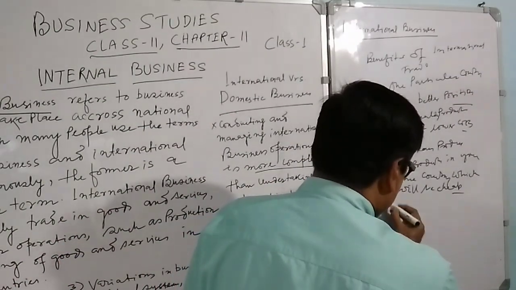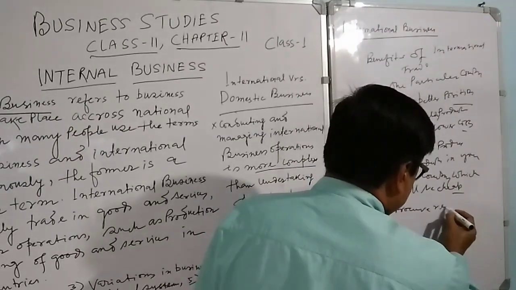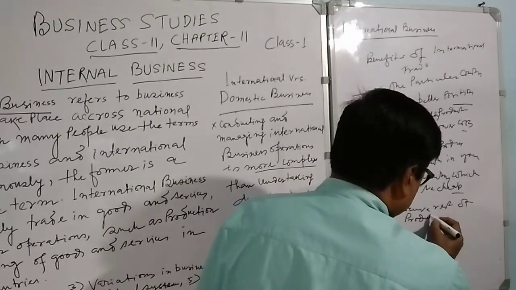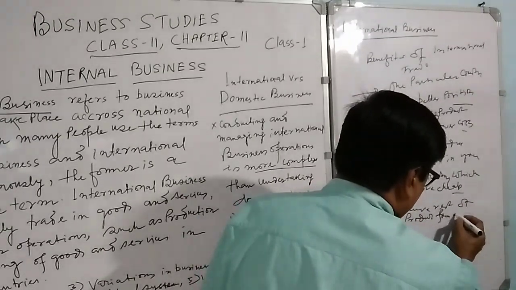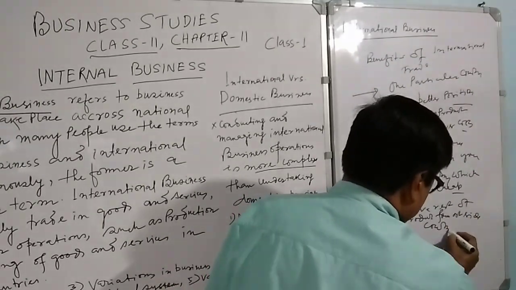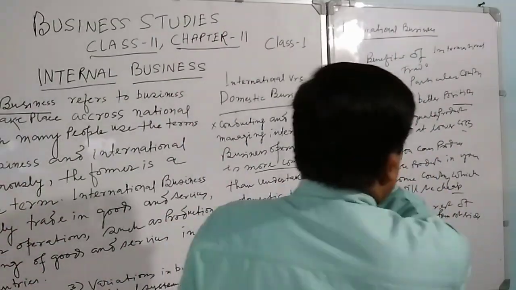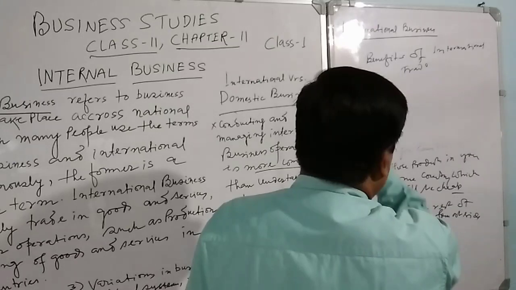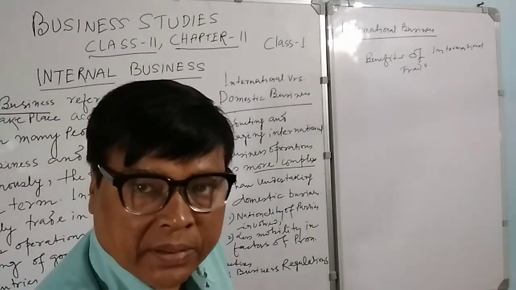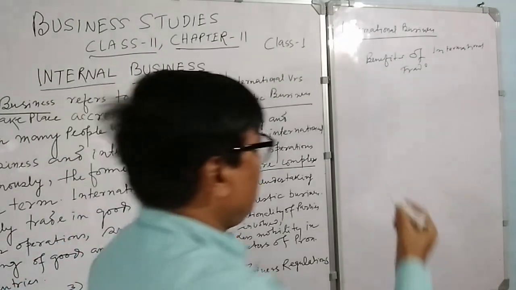And number three, procure the rest of the products from outside the country. So cost benefit analysis is very important here. To take an example or diagram, we can show which products you can purchase or import, or produce in your own country.